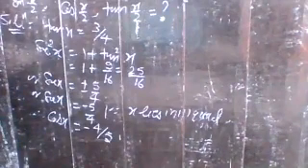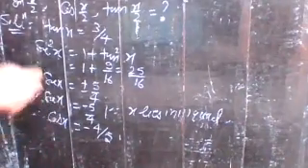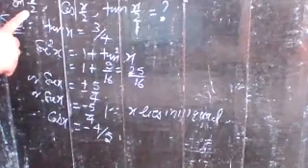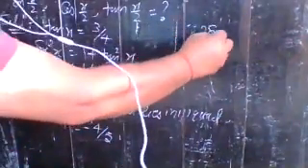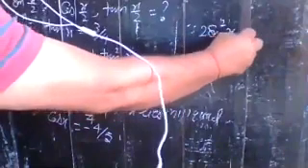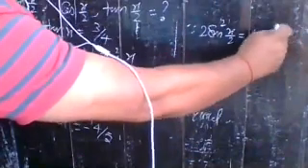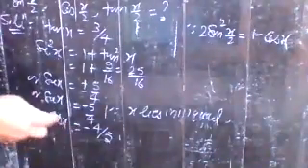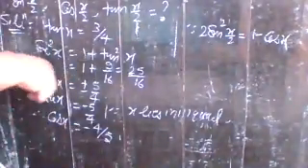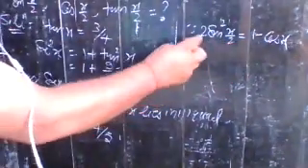Again you have to use the identity which I discussed with you. You have to find the value of sine x by 2. Just see here: 2 sine square x by 2 is equal to 1 minus cos x. Here you take twice of this angle, so write cos x.